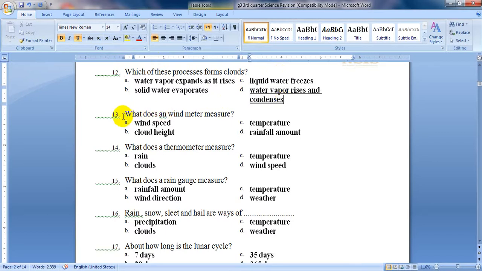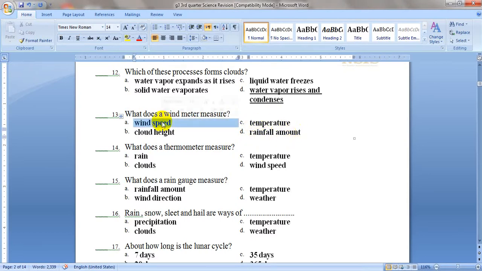Question number 13. What does a wind meter measure? Does it measure wind speed, cloud height, temperature, or rainfall amount? A wind meter is used to measure wind speed.